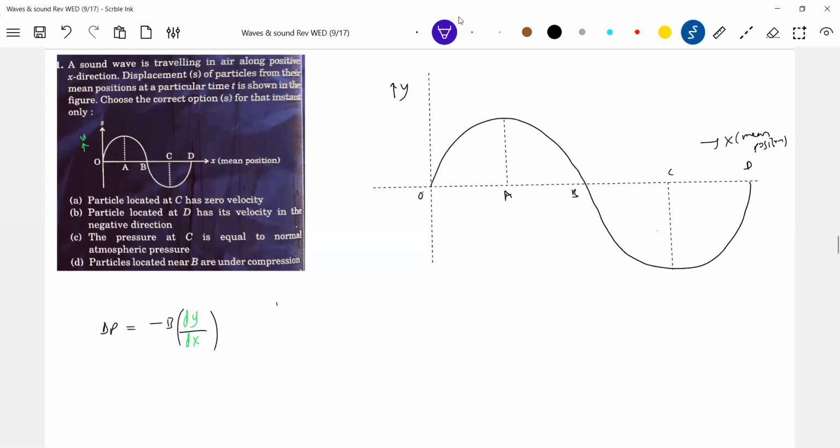Y is equal to, we do write like this, no? Y is equal to, let it be, a sine of omega t minus kx. Dy by dt is what? Particle velocity.